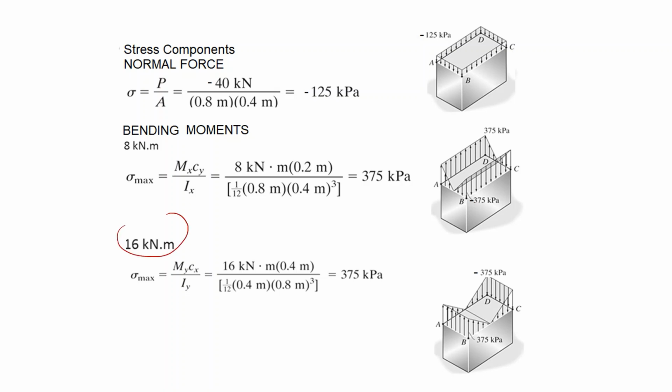Bending is around the y, that is my My. The distance is 0.4, and as you see, the application of a bending in this direction will give you negative on this side, positive on this side. So we have the stress distribution due to these forces and moments.